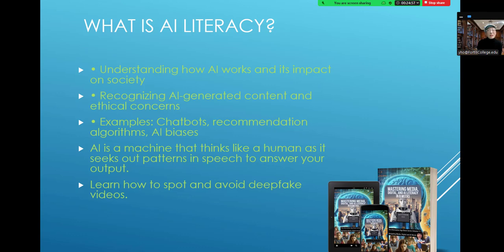I've been teaching media literacy for about the last 15 years or so, but I've only been teaching AI literacy for the last 2 or 3 years, because AI became prominent, as everybody knows, in November of 2022. And so it's AI literacy that people are the most vulnerable in. That's why I spent the most time on this particular slide on what is AI literacy.